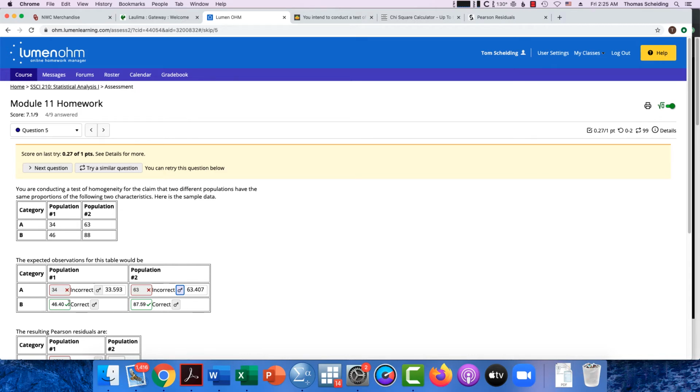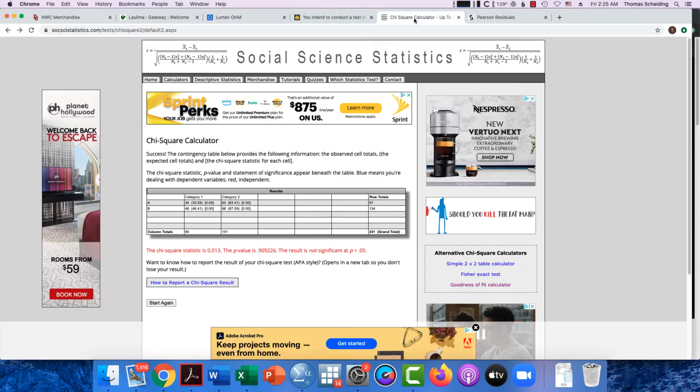Okay, so how would I calculate this? How I would calculate this is based on the idea that I'm going to put this data into my chi-squared calculator.